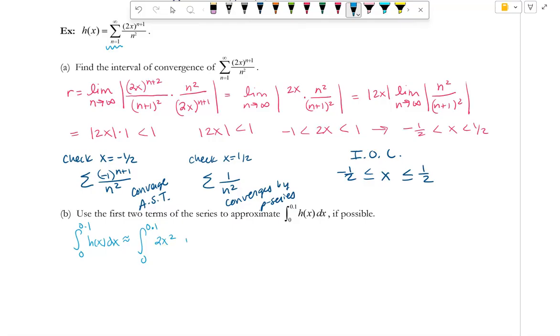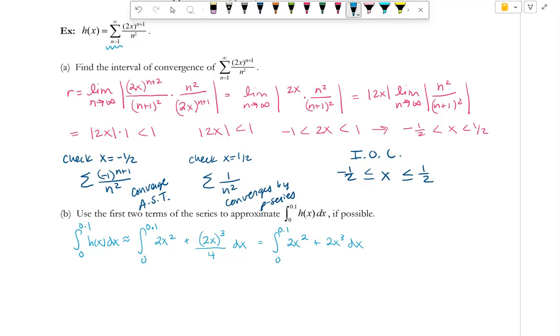And then when I plug in n equals 2, I'm going to get (2x) in parentheses, cubed, so to the 2 plus 1 power, divided by 2 squared, so divided by 4. If I simplify this a little bit, I really have 2x squared. 2x, that quantity cubed, is 8x cubed. So this simplifies to 2x cubed when I divide that by 4.